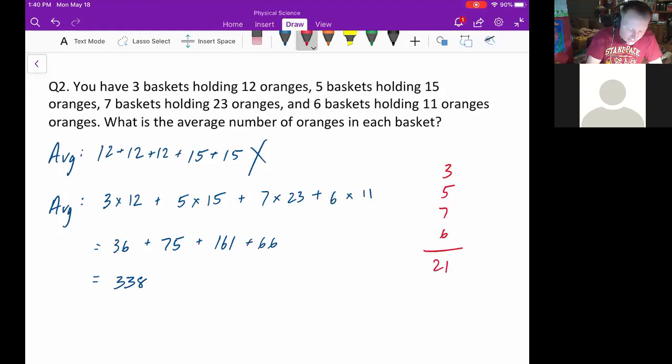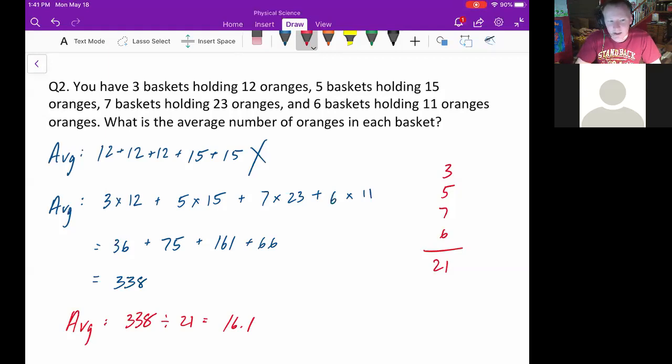So to find the average, I take my 338 divided by 21 baskets. And I'd find out that I have an average of 16.095, so basically 16.1 oranges per basket again.